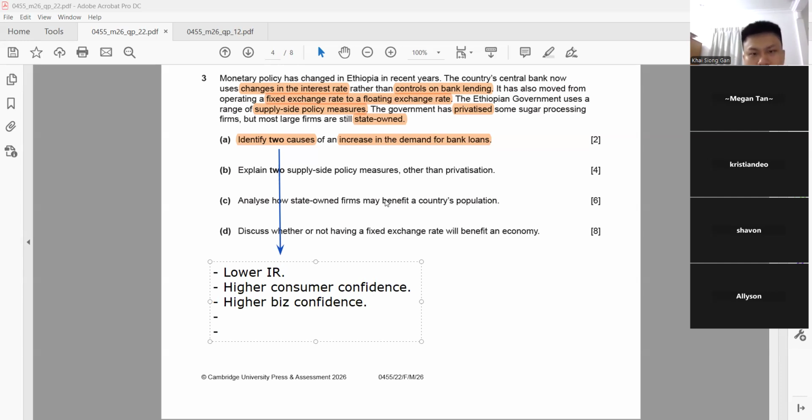More production. Who said more production of goods and services? Why more production of goods and services? A bit unclear. Optimistic towards the economy. Optimism. Optimistic towards the economy. What else?